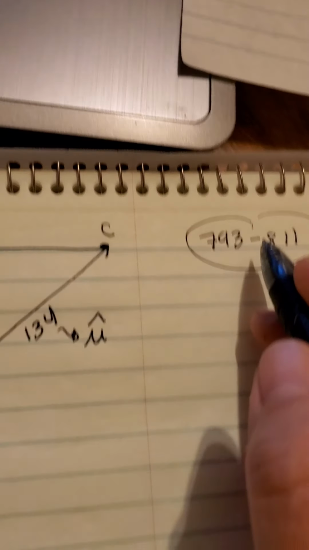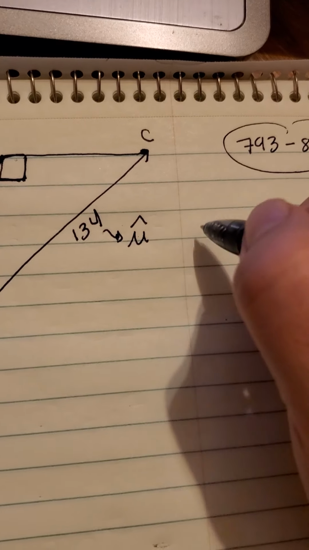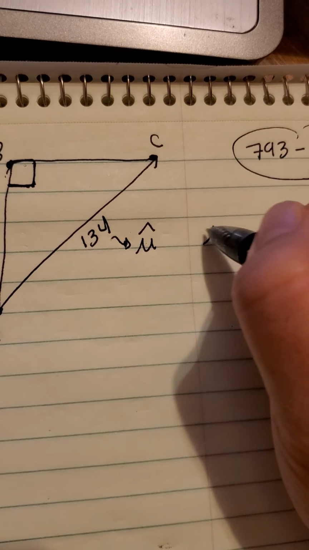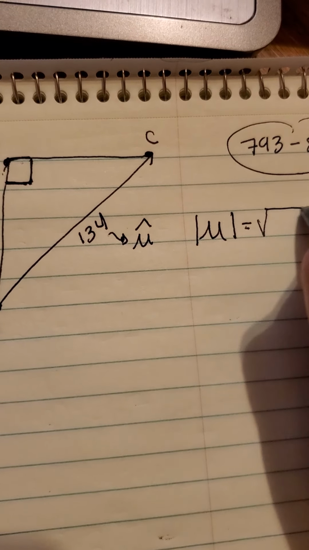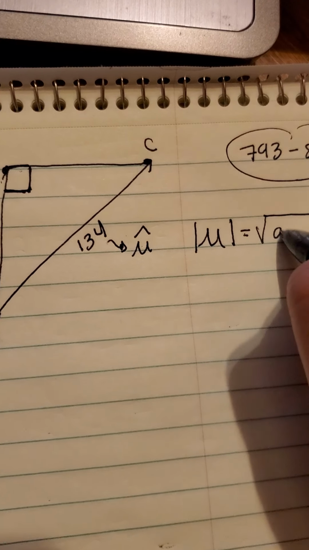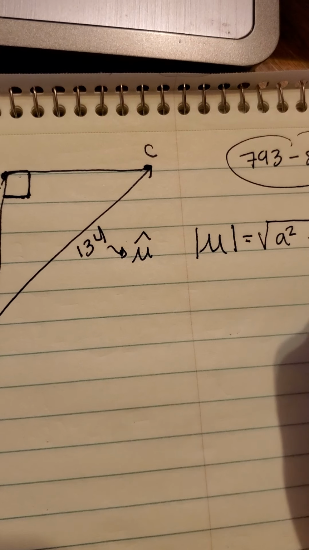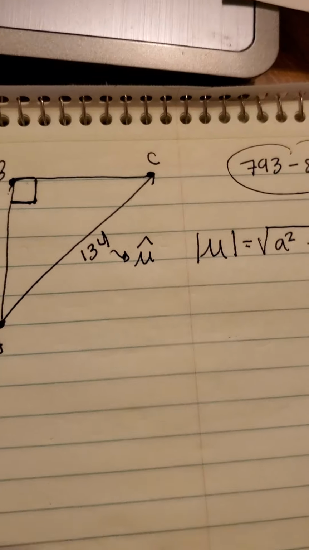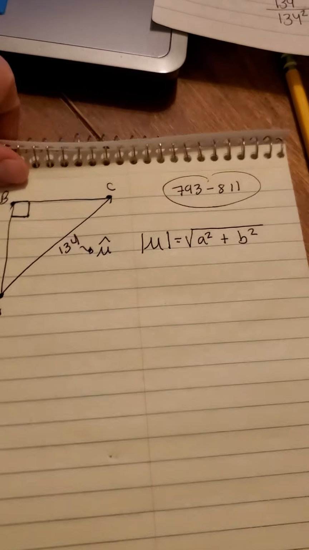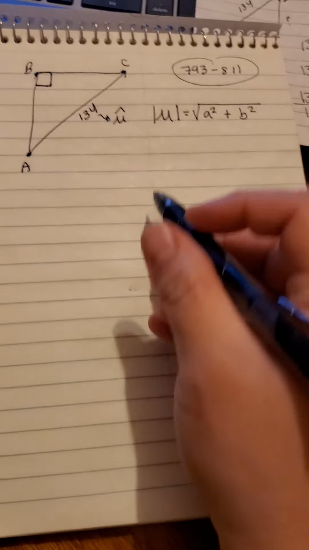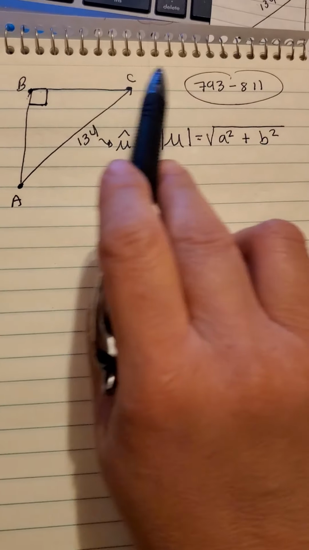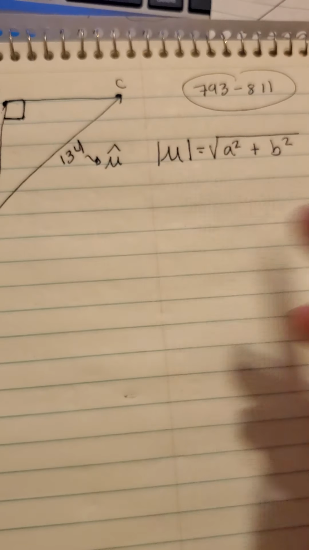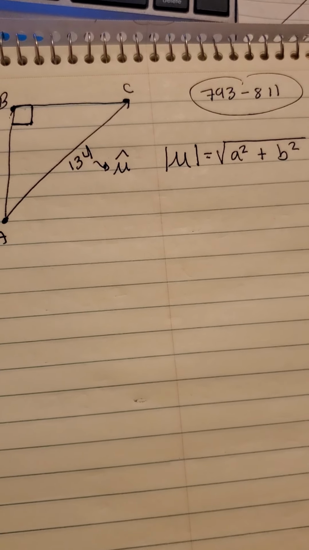There's the formula where it says the magnitude of a vector is given by the square root of the sum of the squares of its components, meaning the vertical component and the horizontal component. So there you have your formula for the magnitude of the vector.